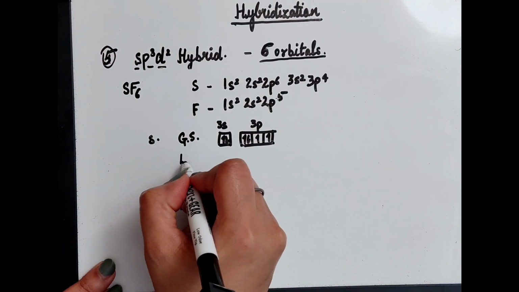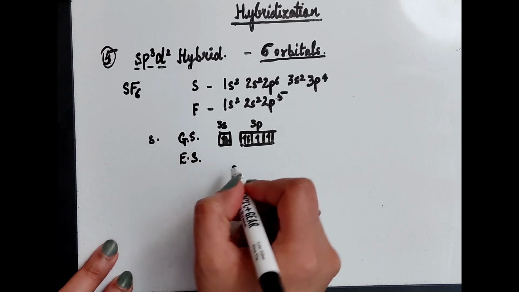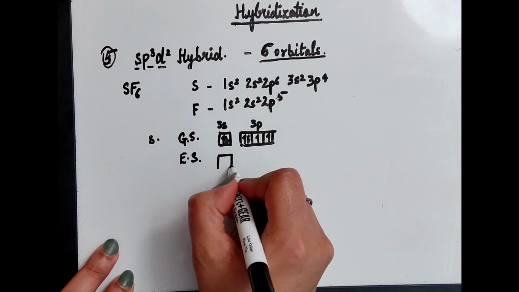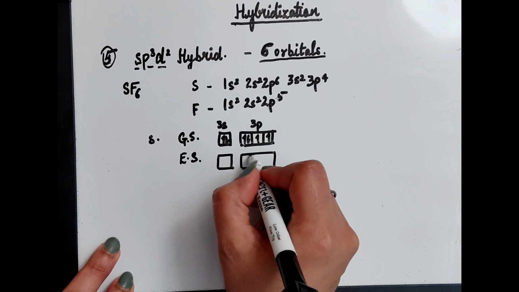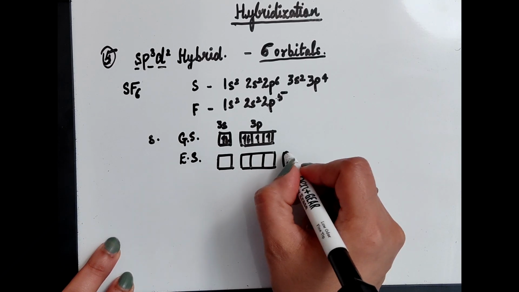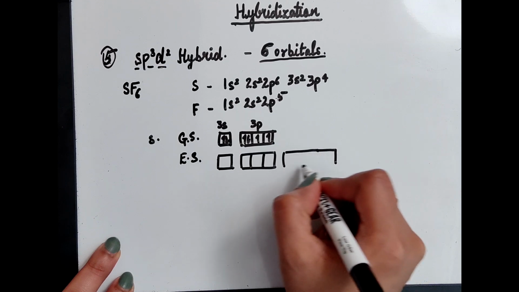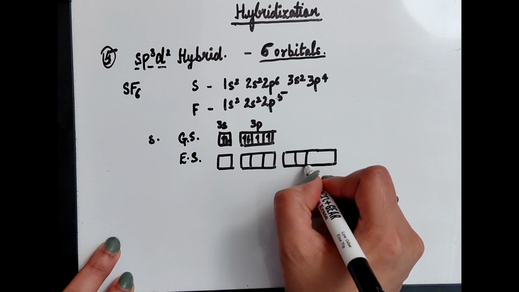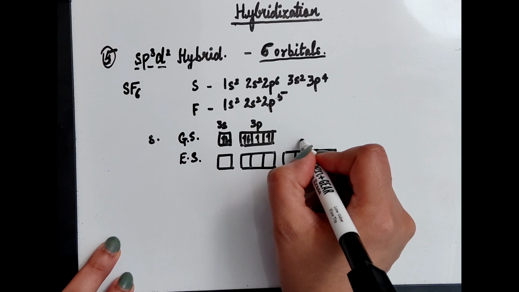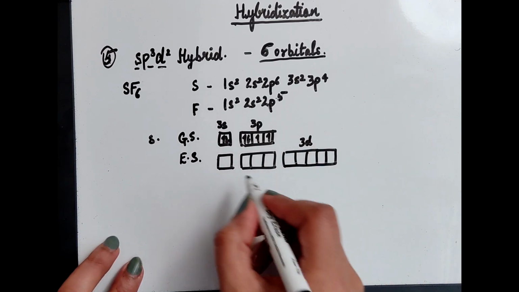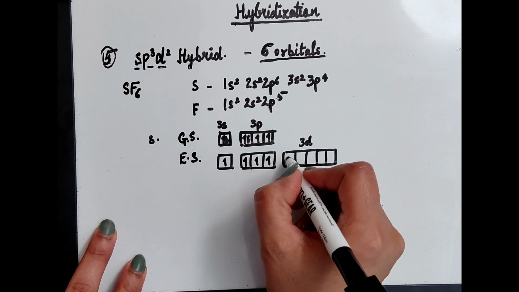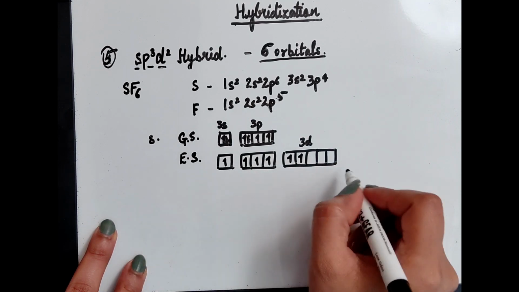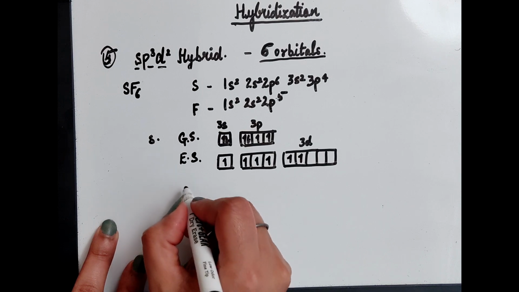And the excited state will then become: 1 electron from the s orbital and 1 electron from the p orbital will go into the d orbital. Since this is the third shell, the d orbital is also included. 1 from s and 1 from p move into the excited state.